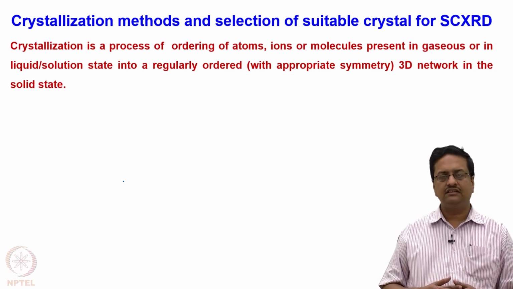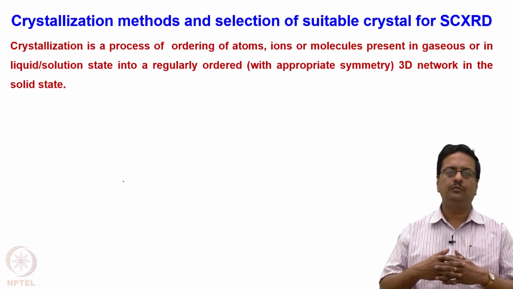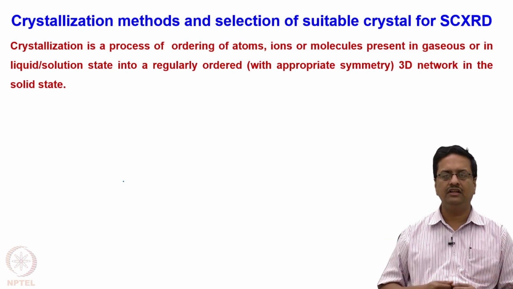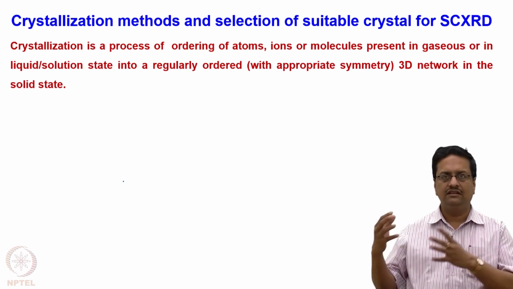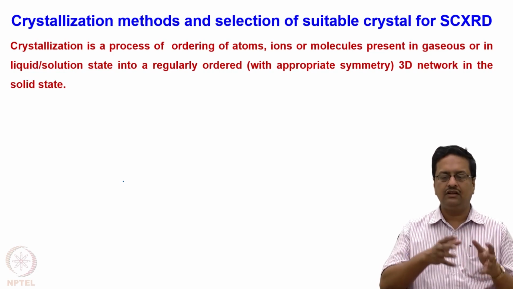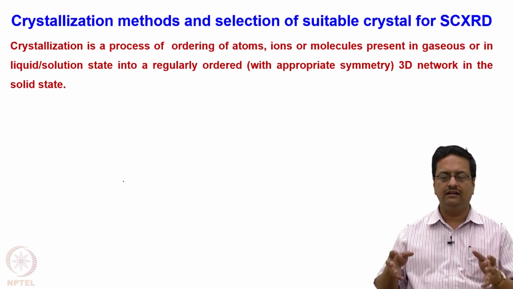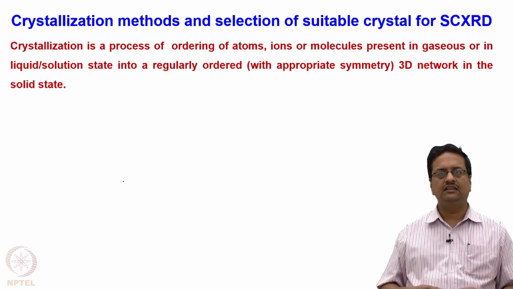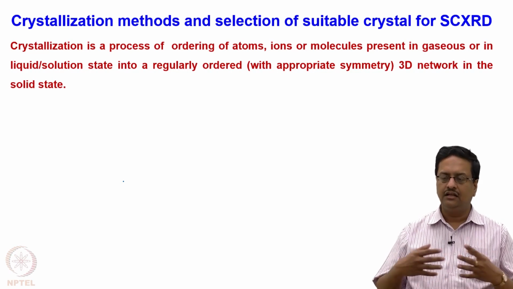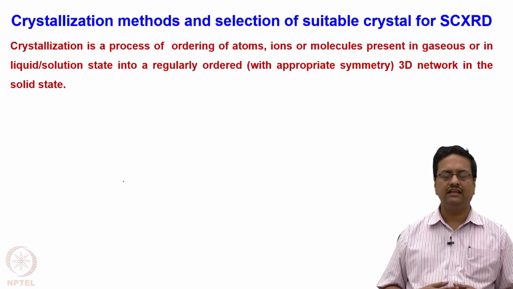The method of crystallization means we are trying to bring a set of atoms, group of ions or a group of molecules from its randomly arranged state in either liquid or in gaseous phase to a particularly ordered and three-dimensionally translational symmetry followed with other symmetries incorporated into a network of a solid state.